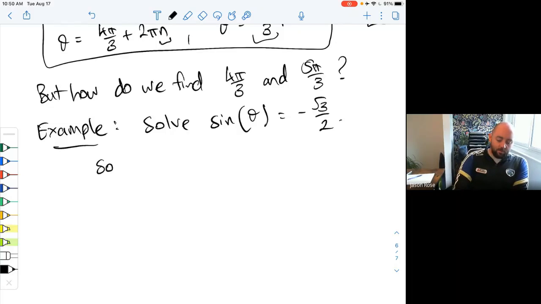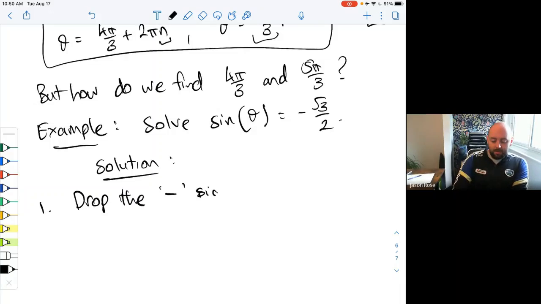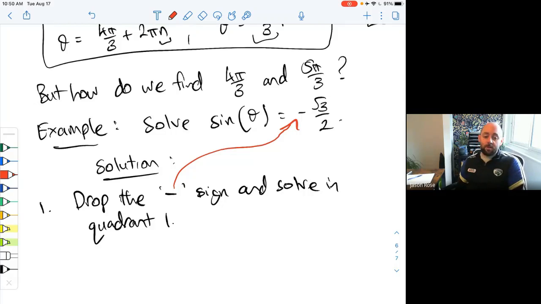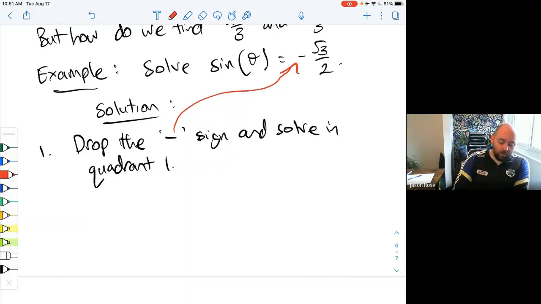Okay, so step 1 is going to be to drop the minus sign and solve in quadrant 1. So the minus sign that I'm talking about, it's not always there, right? Sometimes you might be solving sine theta equals +√3 over 2. If there is a minus sign, drop it and solve in quadrant 1.